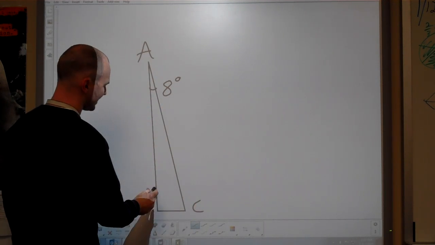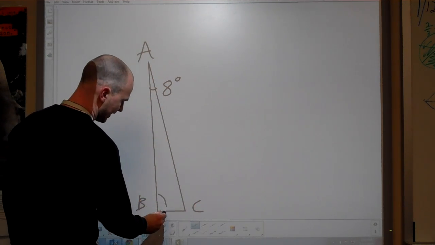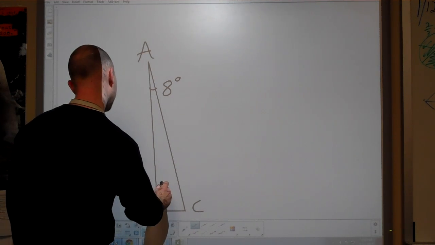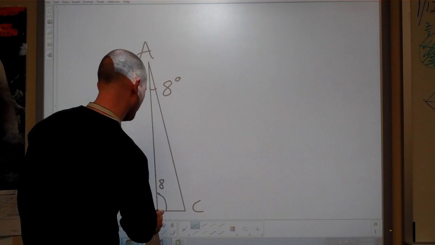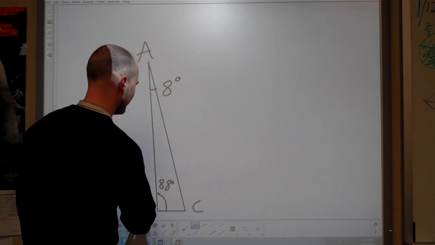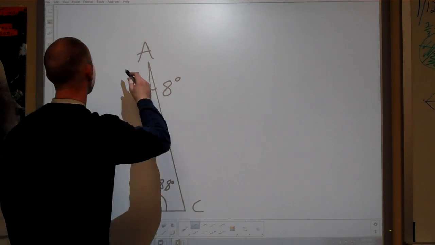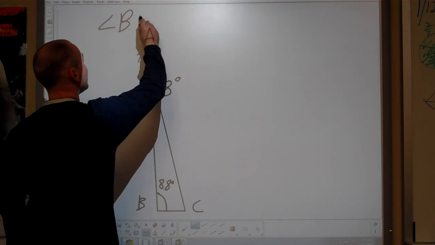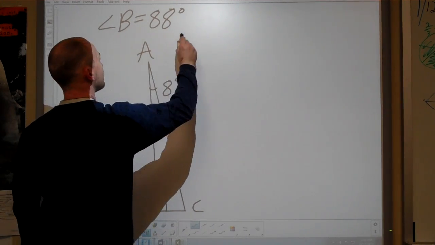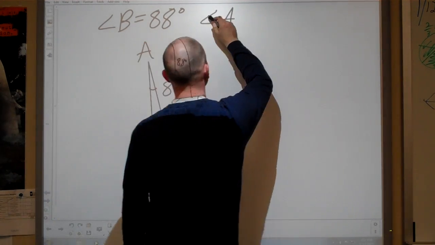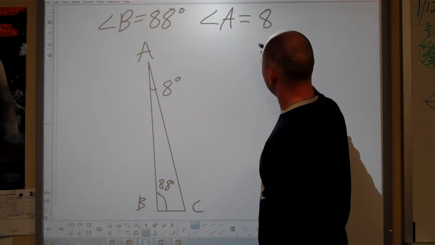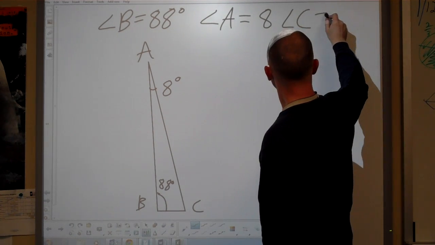So if angle A is 8 degrees and angle B is, let's call it 80, looks almost 90, call it 88 degrees. So if angle B is 88 degrees, and angle A equals 8 degrees, then what is angle C?